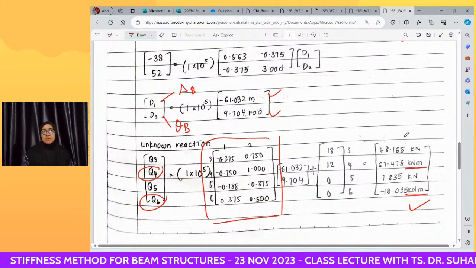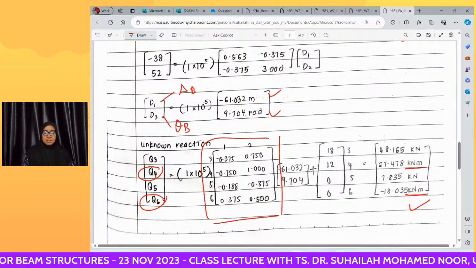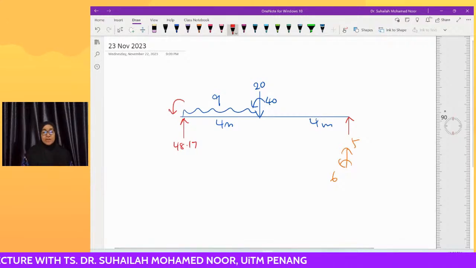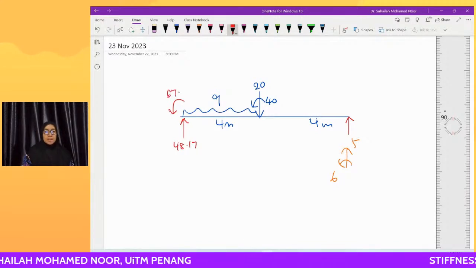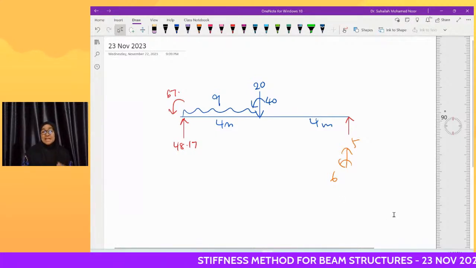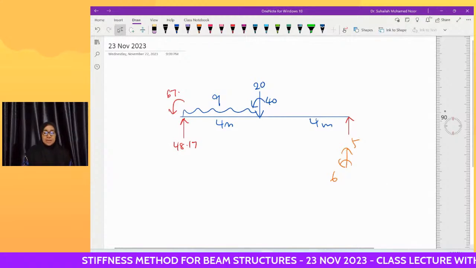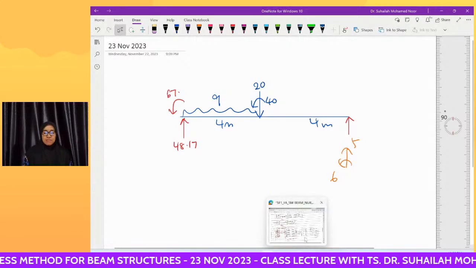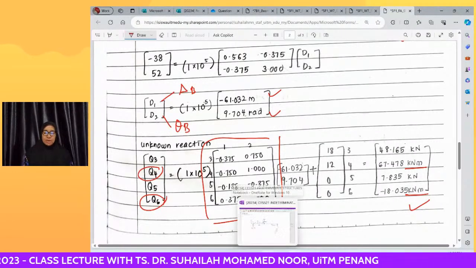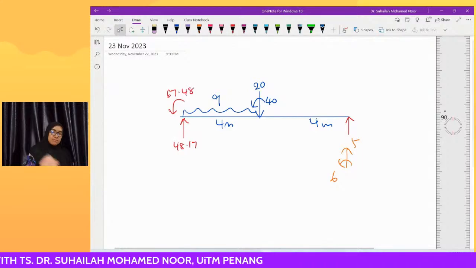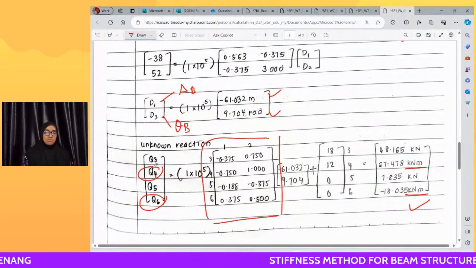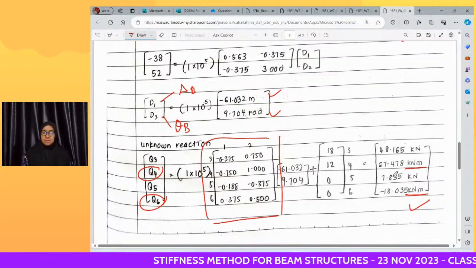What does it mean? It is counterclockwise. We follow the sign convention. Positive means same as the sign convention. Negative means opposite to the sign convention. So 67.48. Then Q5 is 7.84.